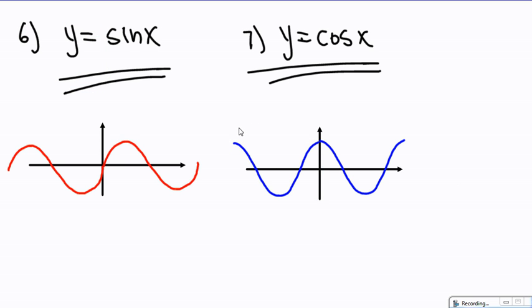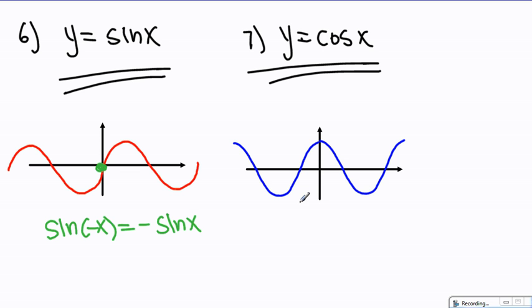Now, as you can see, what happened in case of sine of x? You will realize that this, in fact, is symmetrical about the origin right here, isn't it? And this makes sense because, as we have learned in trigonometry class, sine of negative x is equal to negative sine of x. You see?